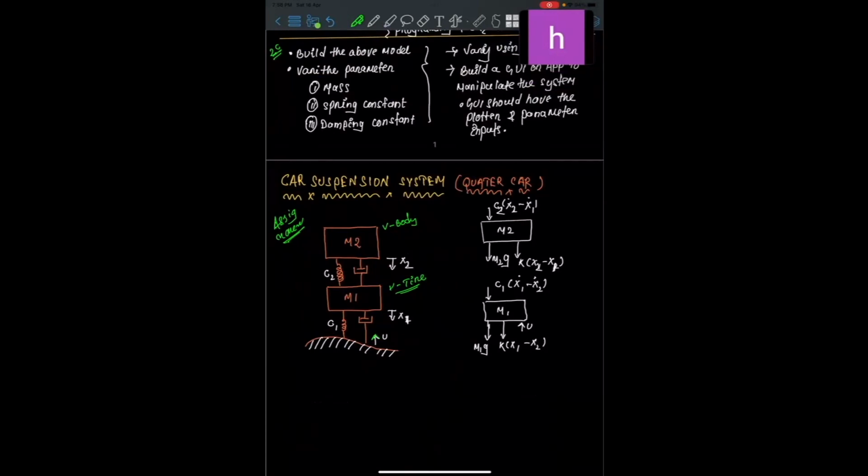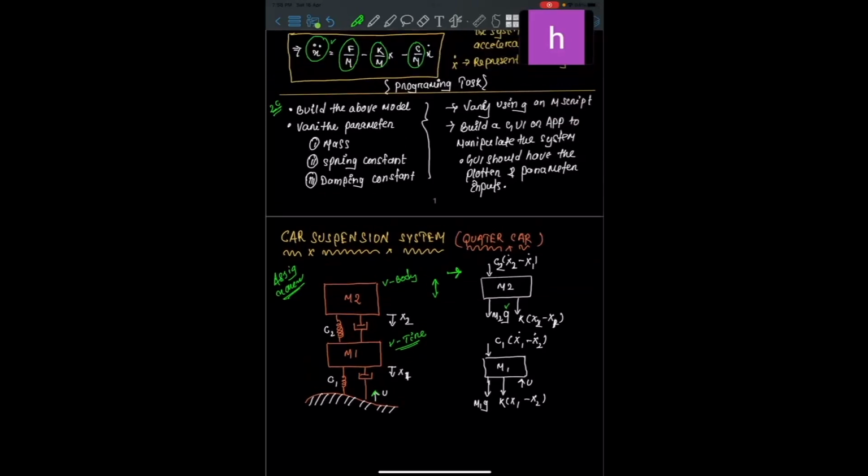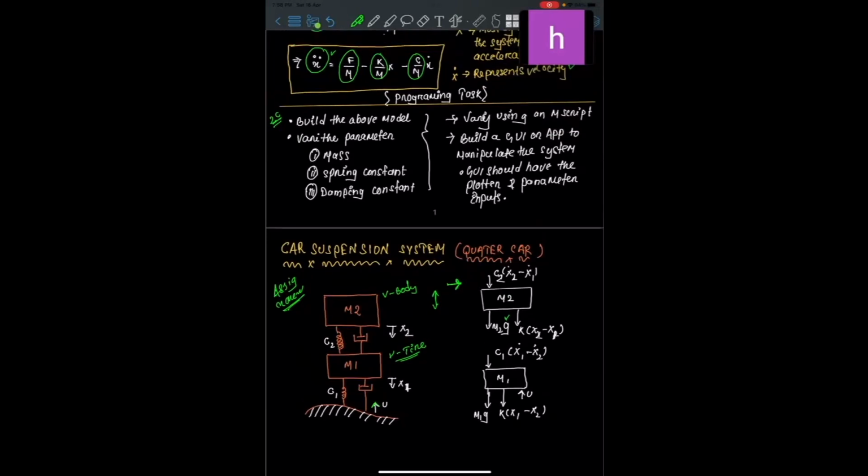I think because this is an up-down motion, it is not like this type of motion, so you can ignore the linear acceleration, and you can take g into account, and you can do the model creation.